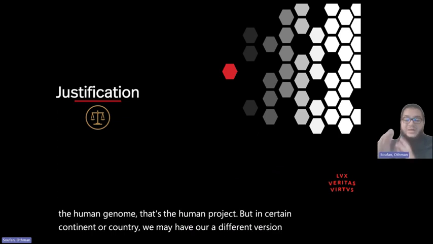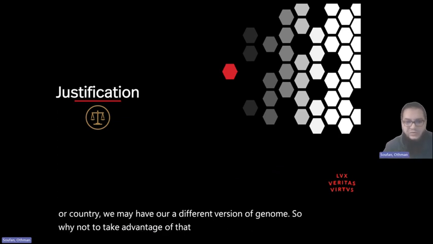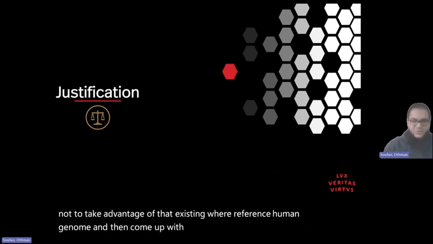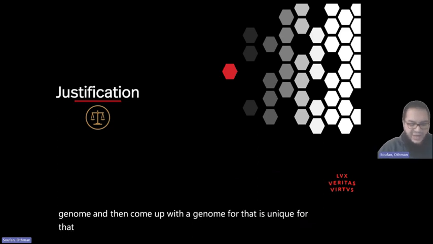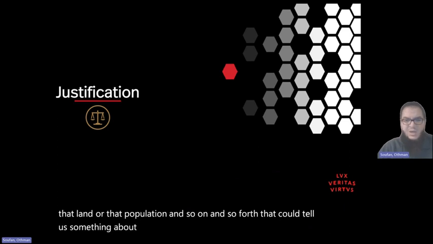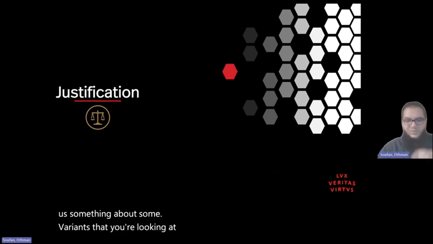So why not take advantage of that existing reference human genome and then come up with a genome that is unique for that land or that population and so on? That could tell us something about some variants that we're looking at, and hopefully highlight certain factors of differences.